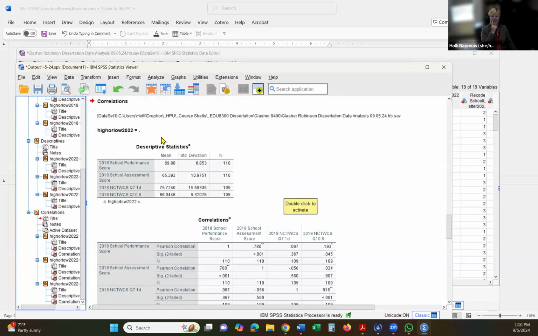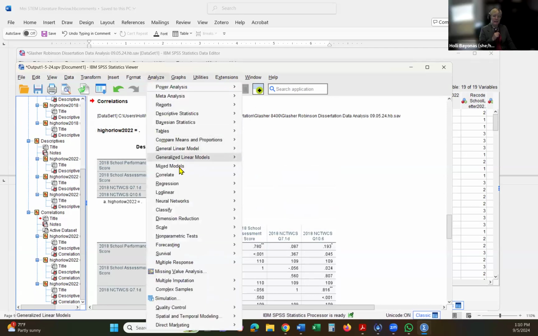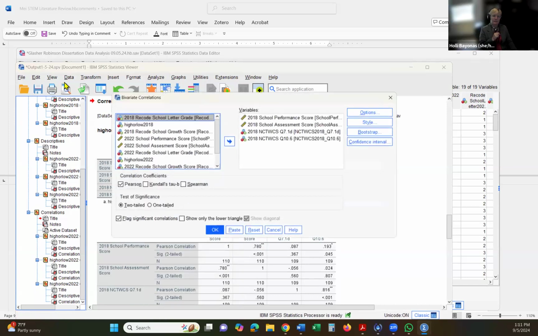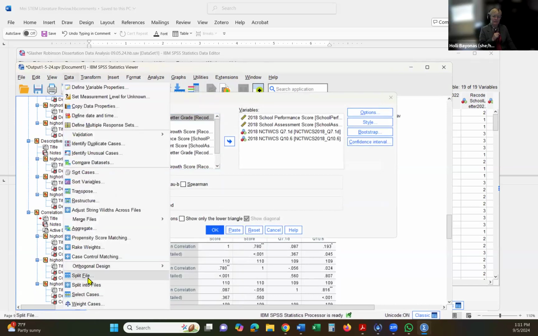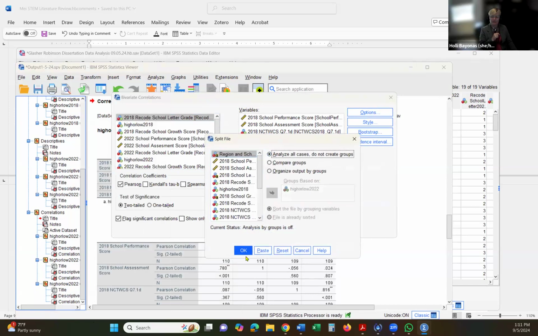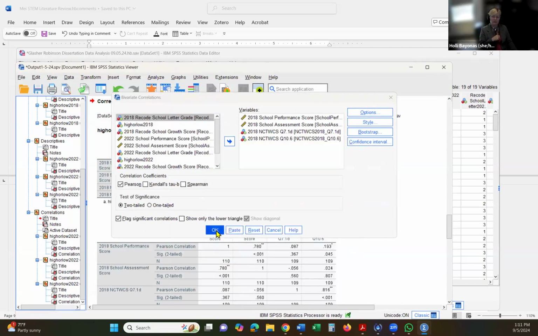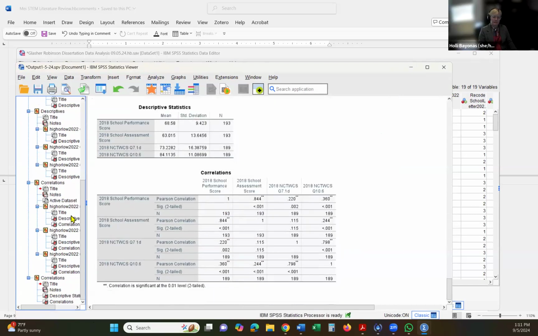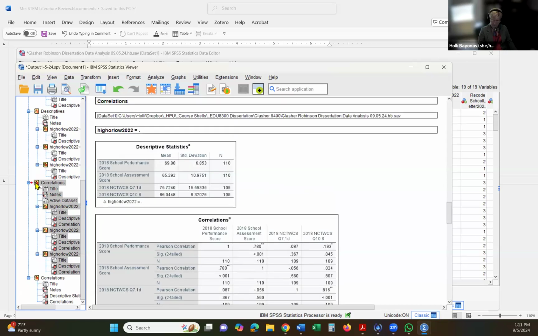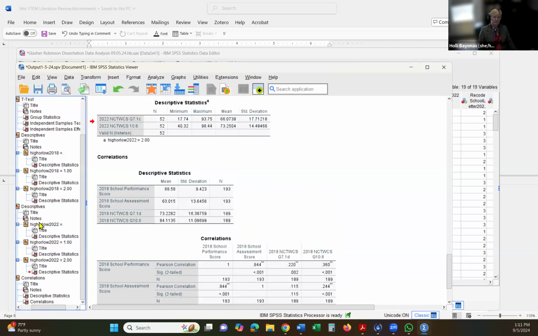This is where you've got to look at your outputs. I knew something was going on. It's still splitting the file. Ah, that makes sense. Okay, analyze, data, all cases. I knew it was wonky. Delete that one. There you go. There it was. 0.22, 0.36. Okay.